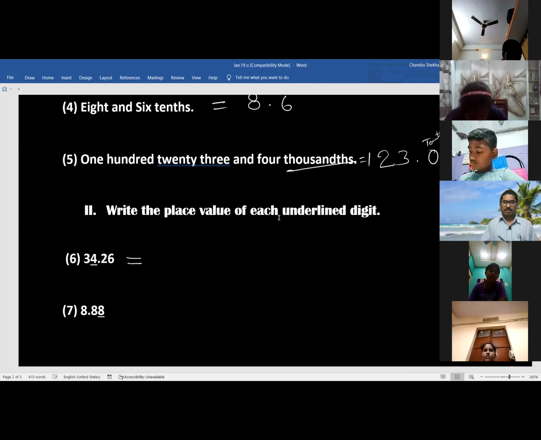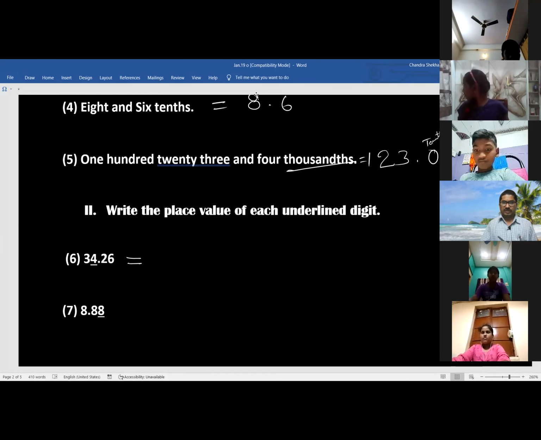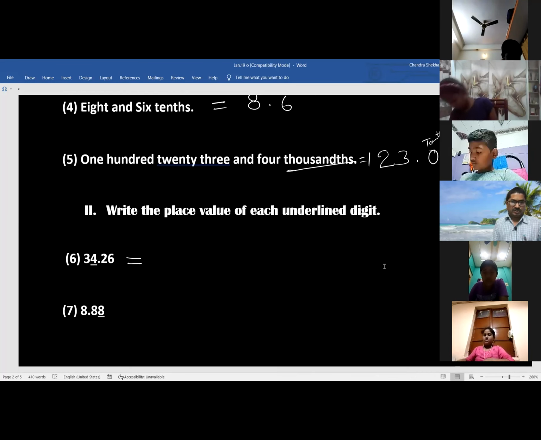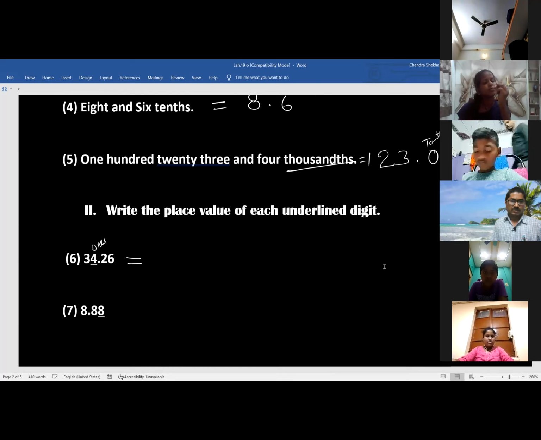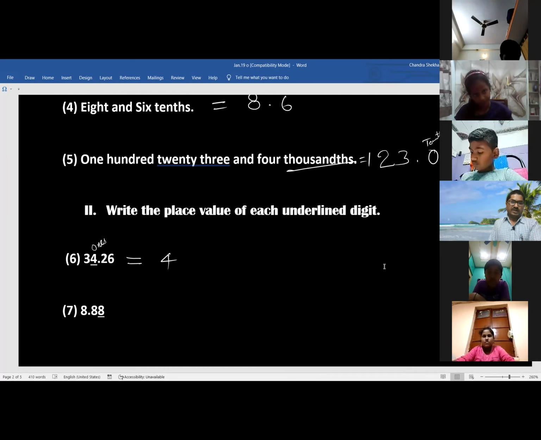Sir, I don't know. Okay, I will tell you one problem. Here, this is ones. So the 4, what is the place value of this 4? 4 only.